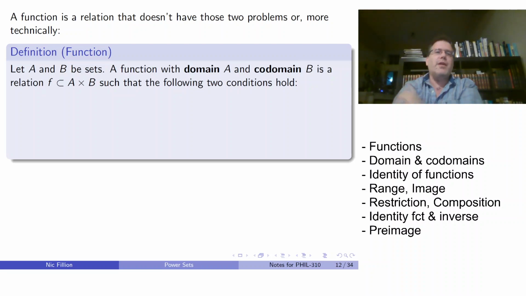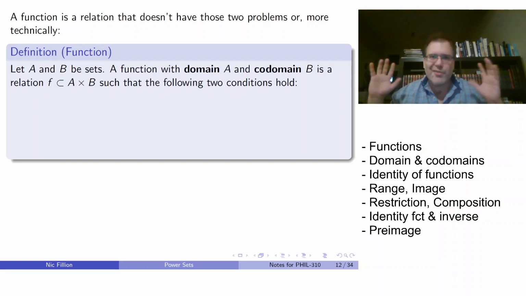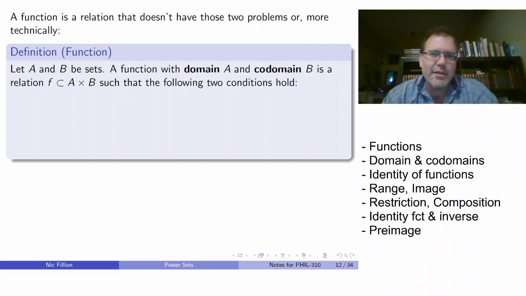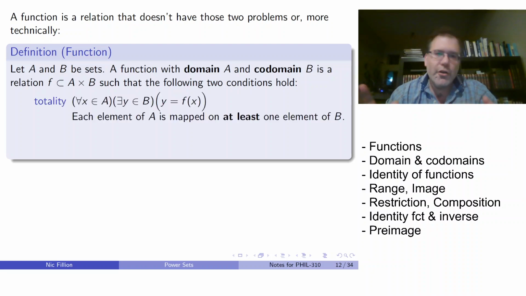So let's go through it. Take two sets, A and B. We're going to say a function with domain A and codomain B is just a relation, namely a subset of the Cartesian product of A and B. And we want this relation to satisfy two conditions. Those two conditions are the things that are so special about that kind of relations. The first is what we call totality.